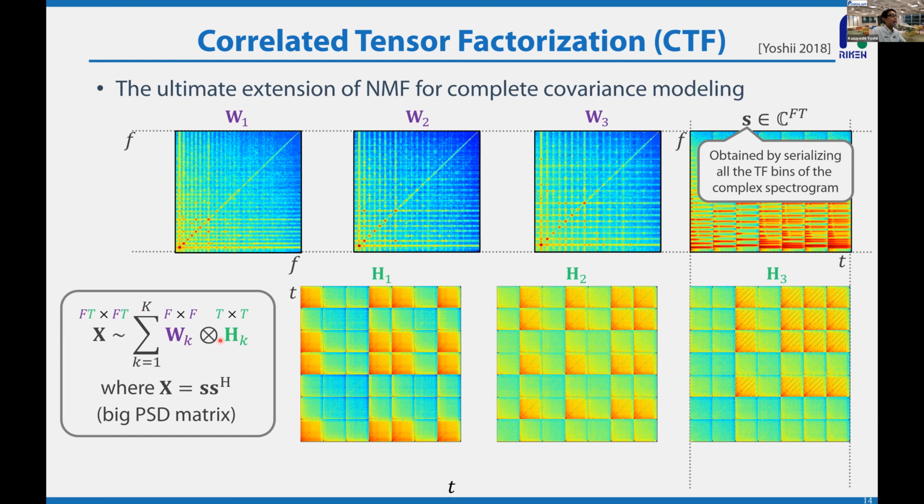CTF is the ultimate low-rank decomposition method based on the full-rank covariance matrix over the whole complex spectrogram, right? Because the mixture data is decomposed into frequency and time covariance matrices. More specifically, this can be interpreted as maximum likelihood estimation of a composite Gaussian process. And also, there is an equivalent formulation in any linearly transformed space.